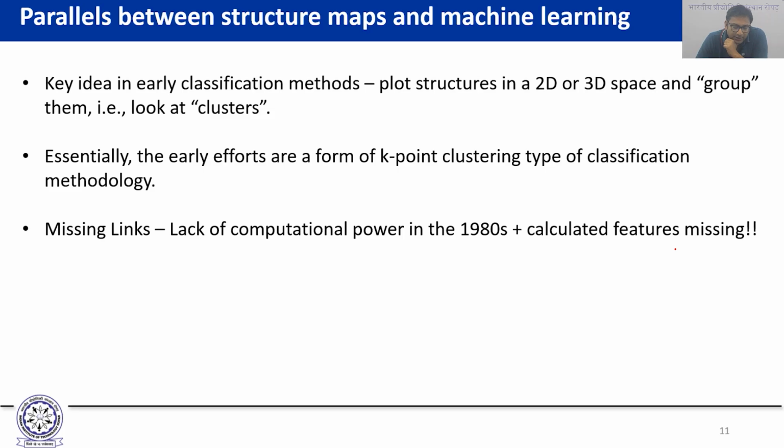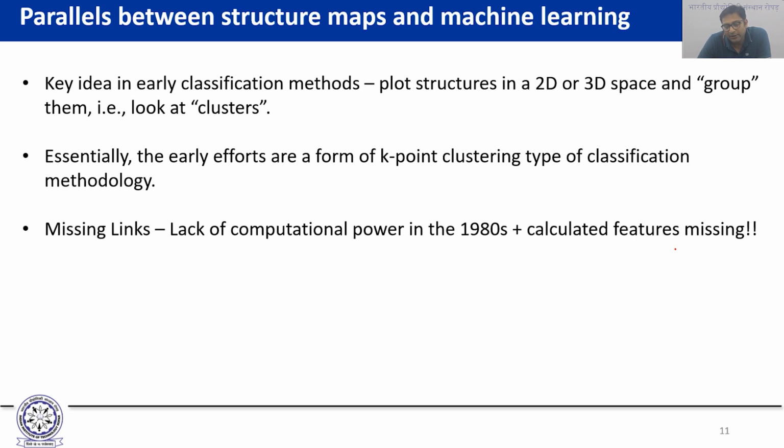Now, as we move forward, I would want to highlight some parallels that exist between structure maps and machine learning. So you would have already come across the lectures on different types of classification methods in the first part of this course. And as you look at the work that was done by Villars and Petitfort, you can see that the key idea here is these are early forms of classification methods.